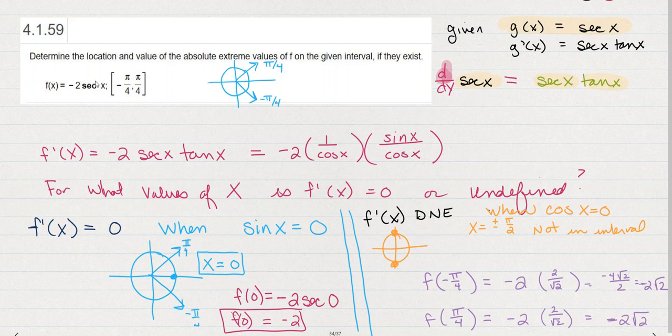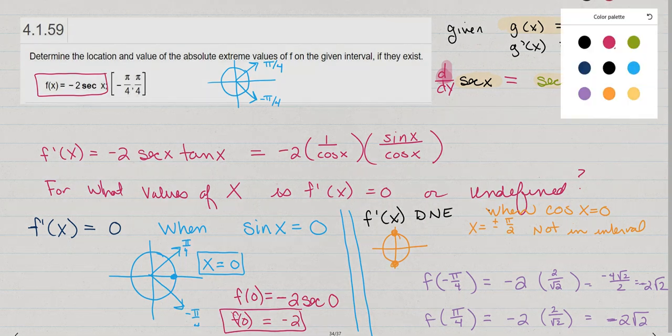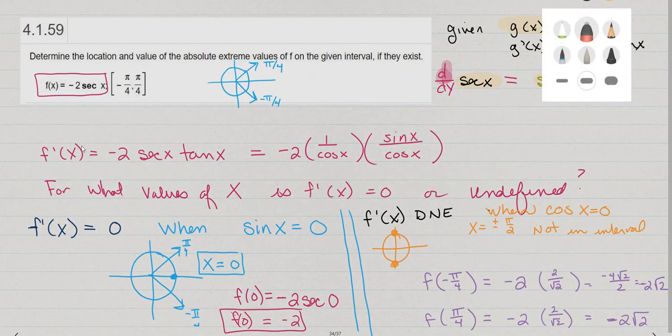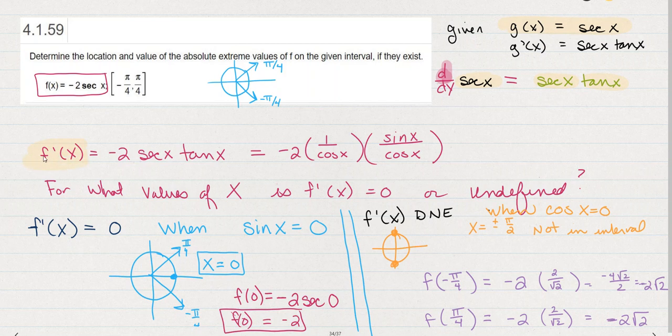So the derivative of negative 2 secant x, the derivative of f of x, is going to be negative 2 times secant x tangent x. You could think of that, when we rewrite secant as 1 over cosine and tangent as sine over cosine, as negative 2 times the reciprocal of cosine times sine over cosine.